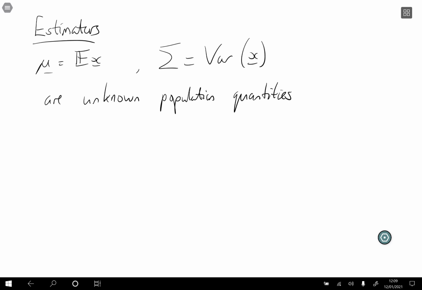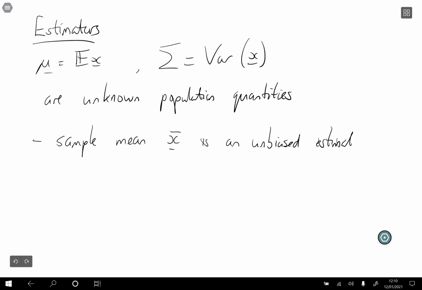So we might want to try and use data to estimate mu and sigma. So the sample mean that we saw in the previous video, x bar, which is just 1 over n times the sum of the xi's, is often used as an estimator of mu, and in particular it's an unbiased estimator of mu, which means that its expected value is mu.